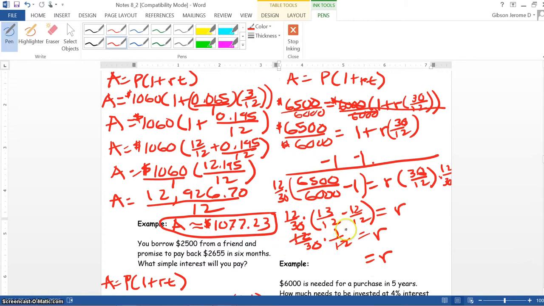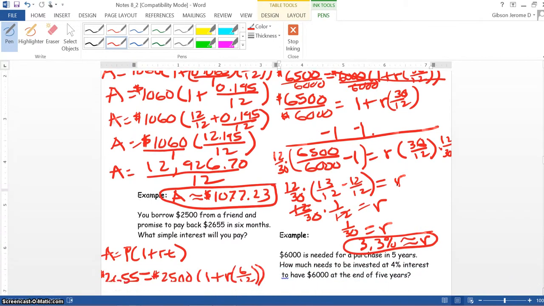So we had a slight technical difficulty there. But these 12s simplify out and leave you 1 over 30. Now 1 over 30, when you simplify that, change it to a decimal, will give you approximately 3.3%, which will be your interest rate.